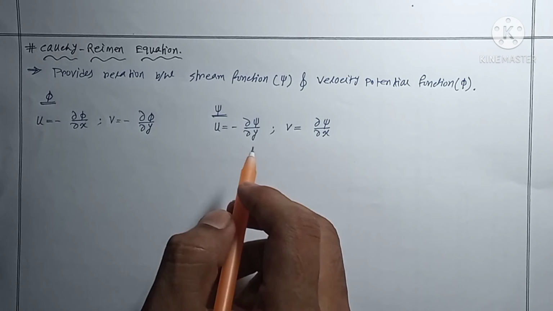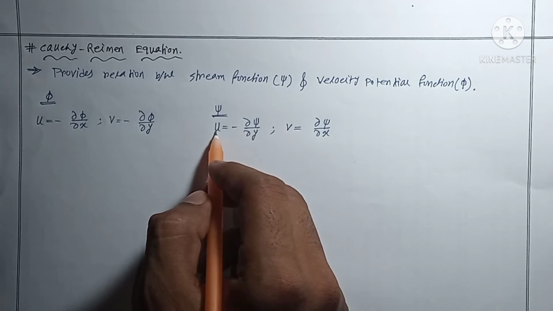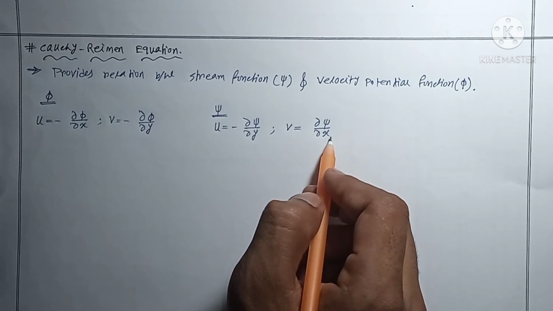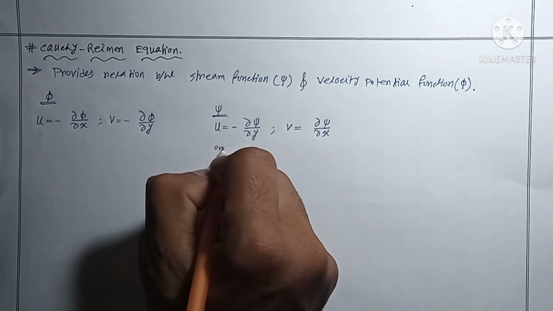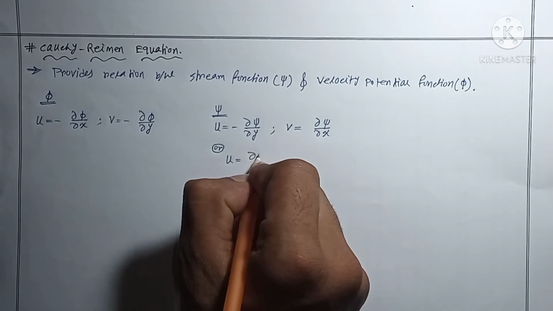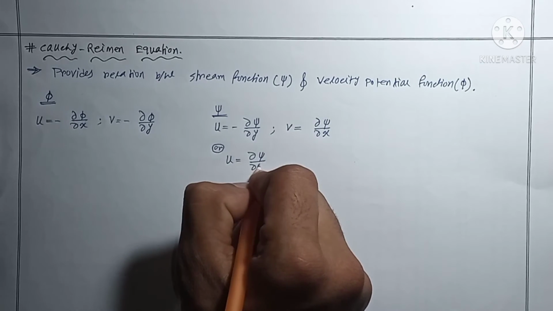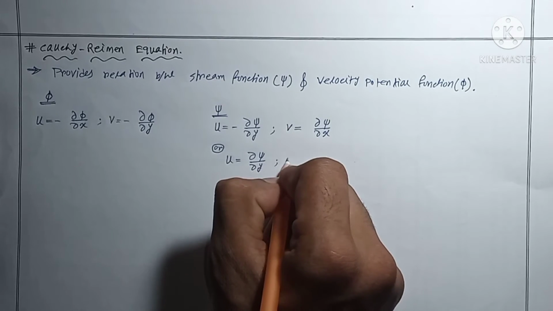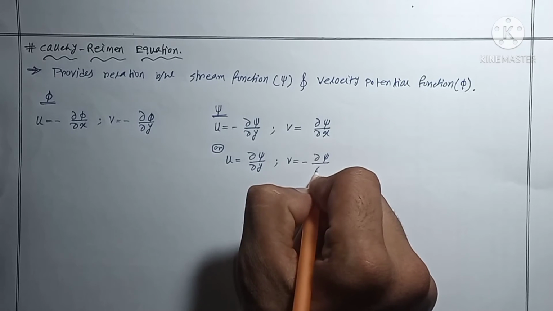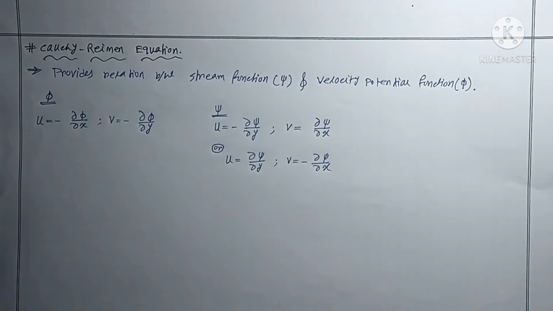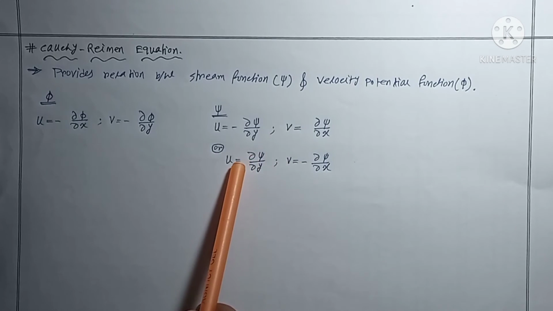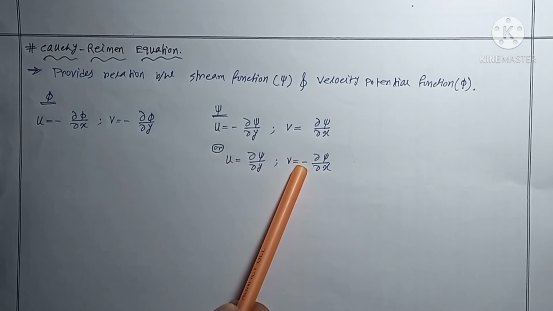It is not mandatory that u is always equal to minus dou psi by dou y and v equal to dou psi by dou x. In a few cases you can find u is equal to simply dou psi by dou y and v is equal to minus dou psi by dou x. Either here will be minus and then here positive, or here positive and here negative.